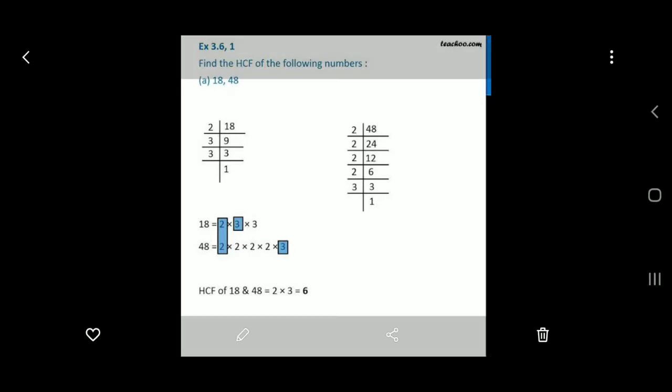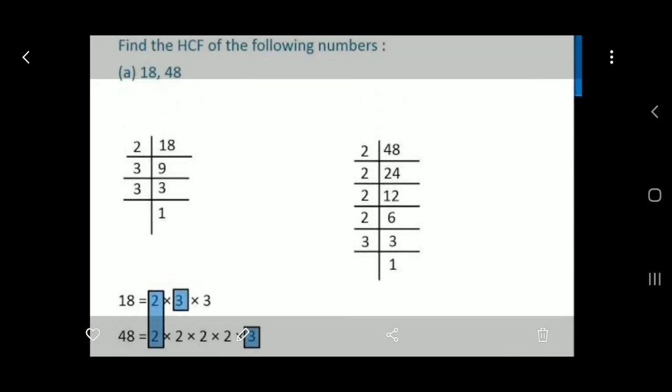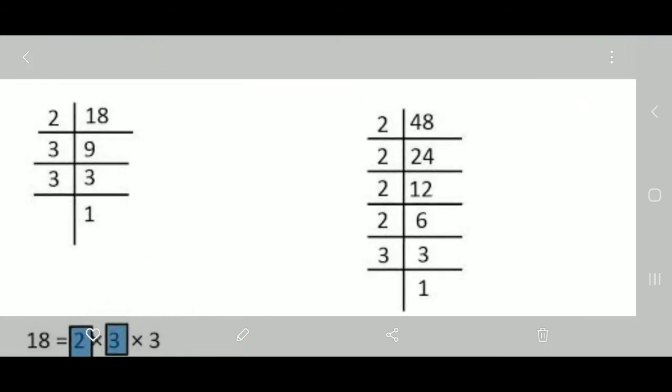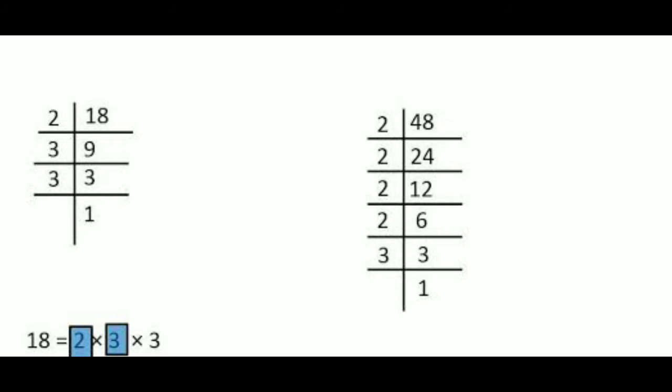Okay. How about 18 and 24? I think that you can understand step by step. Dividing by 2, you just take half. Okay.